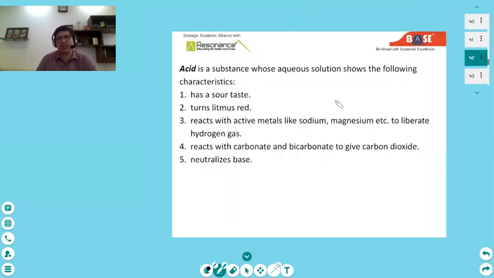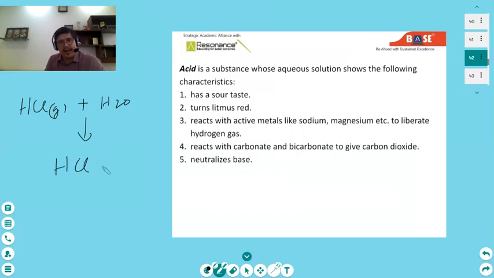Coming to acids, so what is an acid basically? For example, when you take HCl as gas, this is known as hydrogen chloride gas. Now this is not an acid, okay? This is hydrogen chloride gas. The moment you add it into water, you can write this as HCl aqueous. Now this HCl aqueous acts as an acid.